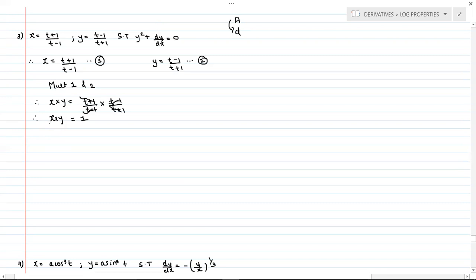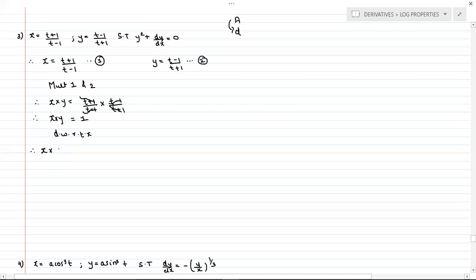Clearly we have only two alphabets, x and y, so we derivate with respect to x, yes or no? Here the connection between the terms is multiplication, so we have to use the u into v rule.